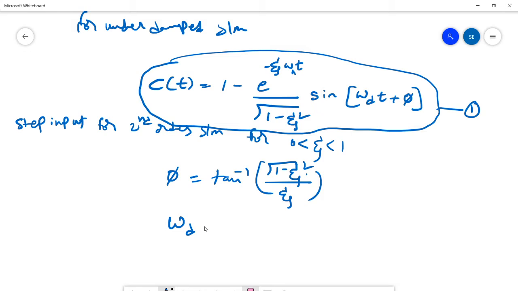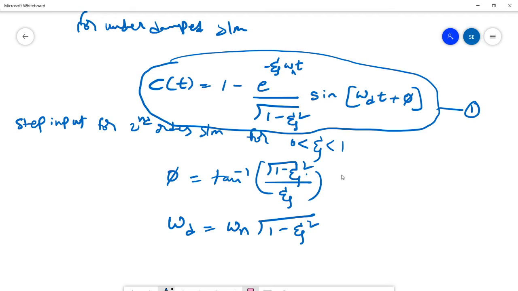This derivation we have done in the last class. You can refer to the last lecture, the previous video, for this derivation. I am directly writing the equations. So these are the terms we have to substitute here, omega d and phi.